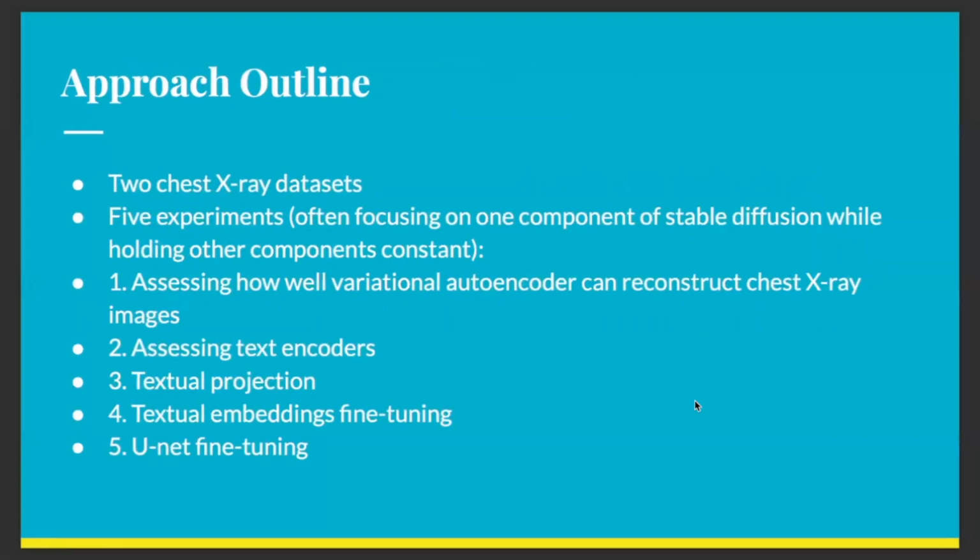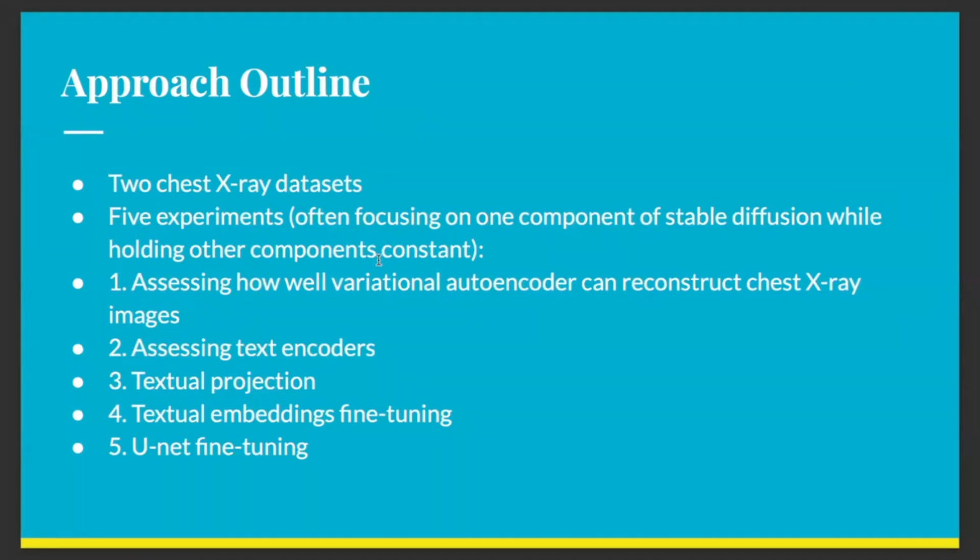And for the approach outline, this paper used two separate chest X-ray data sets. They conducted five experiments, each one focusing on one component of stable diffusion while holding the other components constant, not changing those components from how they were in the Rombach 2022 paper.